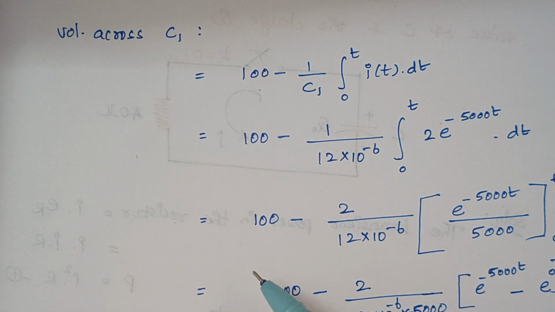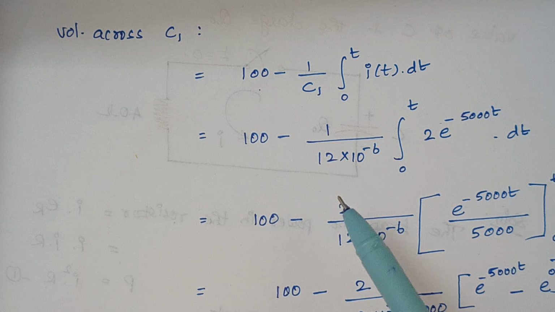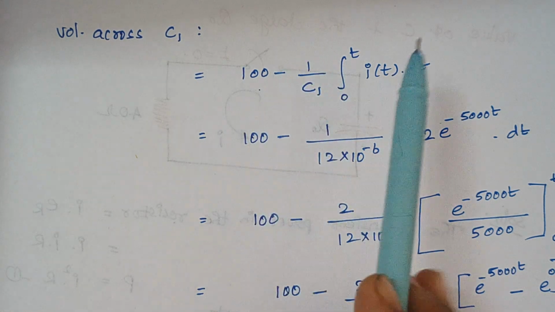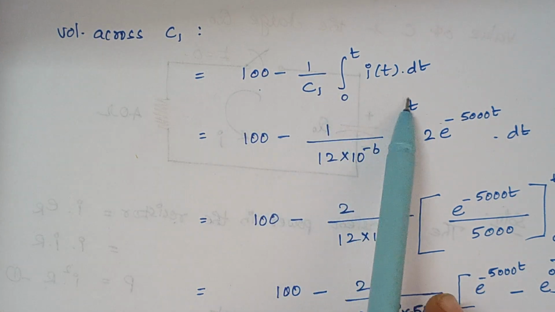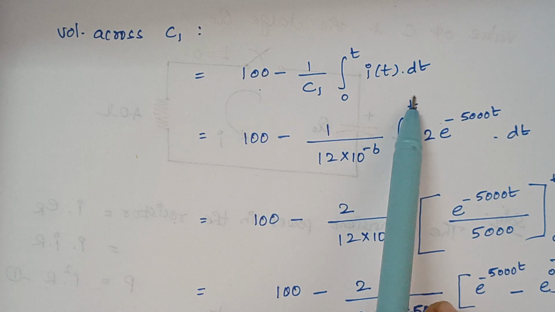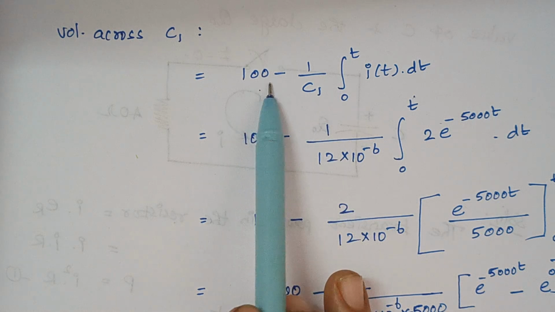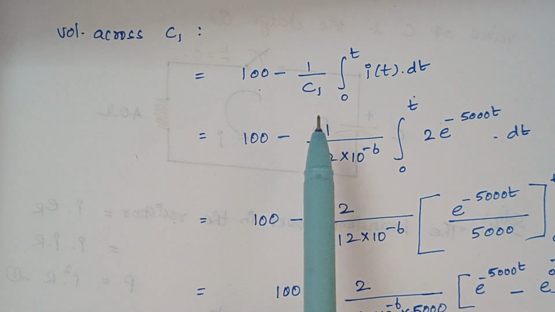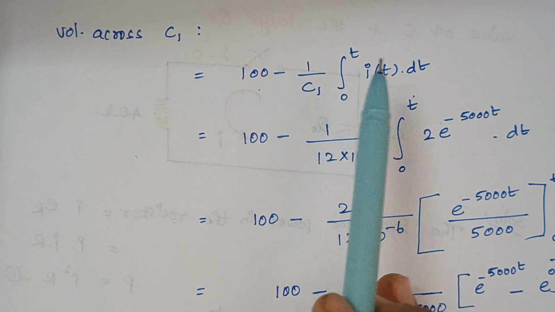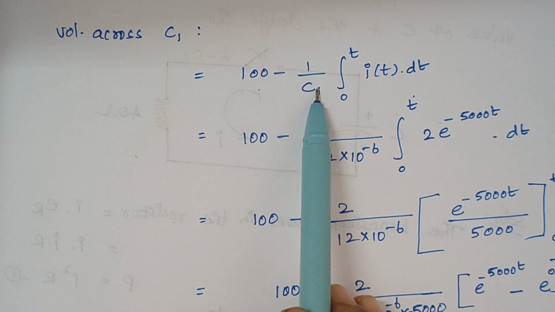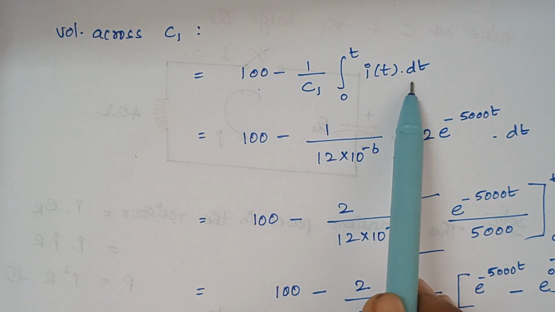So how to calculate the final voltage? We have to subtract the respective drop across the capacitor from the initial voltage. Here the initial voltage is 100 and the respective drop across the capacitor C1 is given by 1 by C1 integral of I into dt.